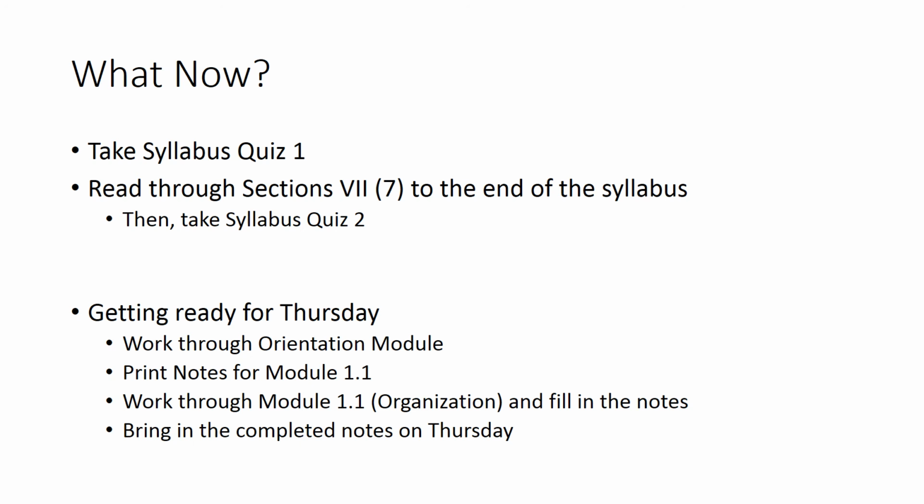Syllabus quiz number 1 will cover sections 1 through 6. Now, after that, you're going to need to read through section 7 to the end of the syllabus yourself and use that information to take syllabus quiz number 2. These are both online. They are located on Blackboard. If you have any problems with them, let me know.